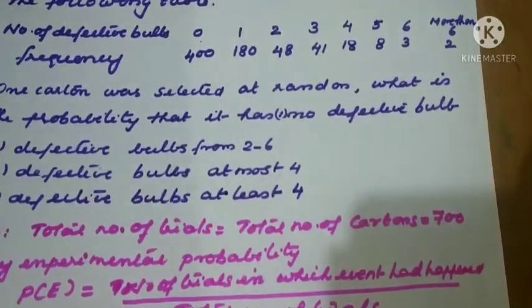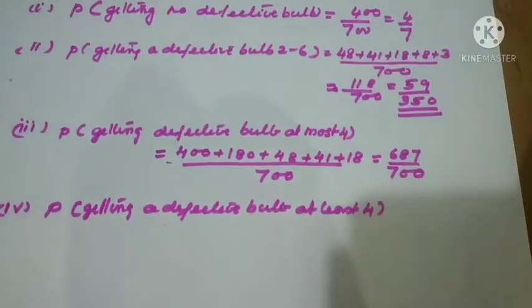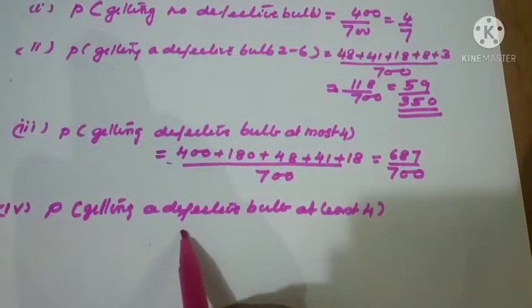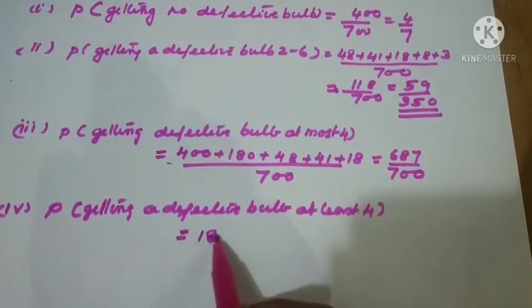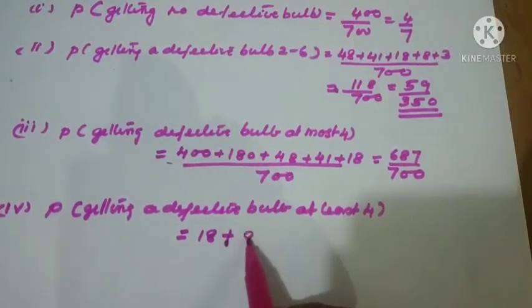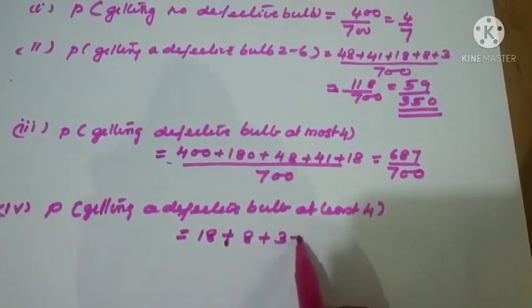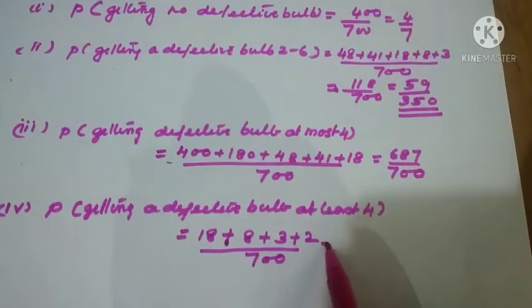Now let us substitute the answer. 18 plus 8 plus 3 plus 2 divided by 700, 31 by 700.